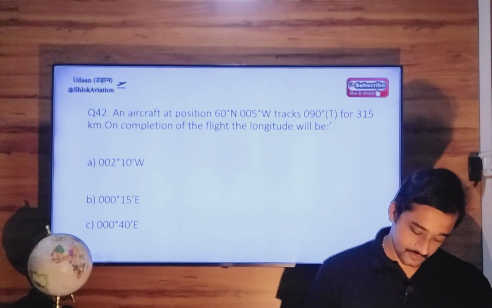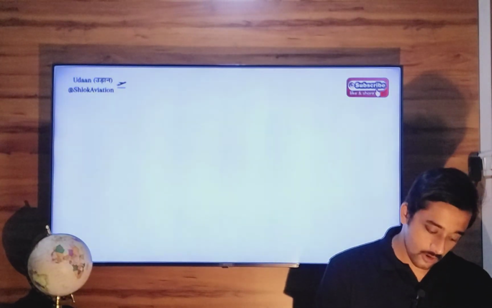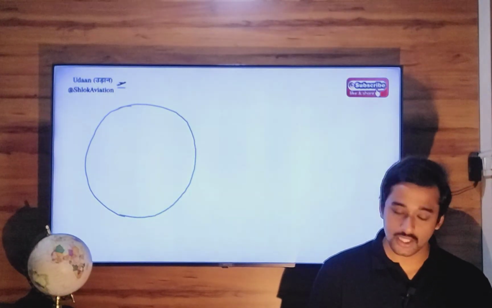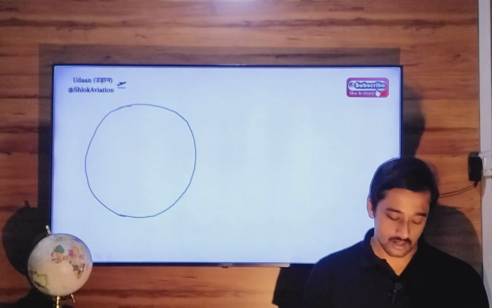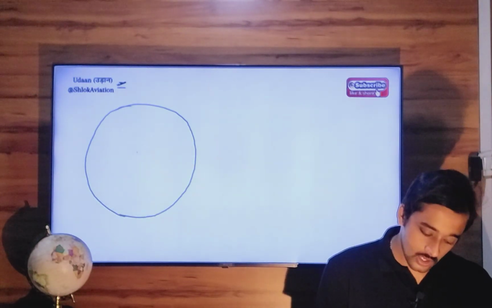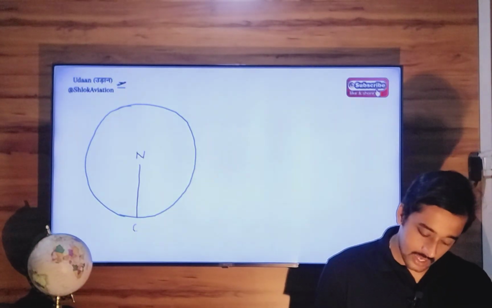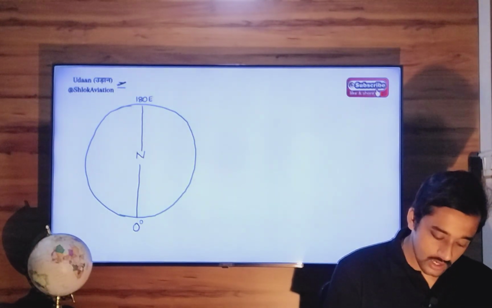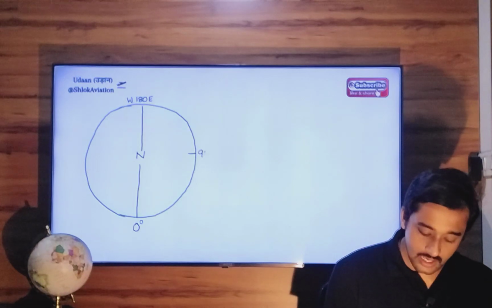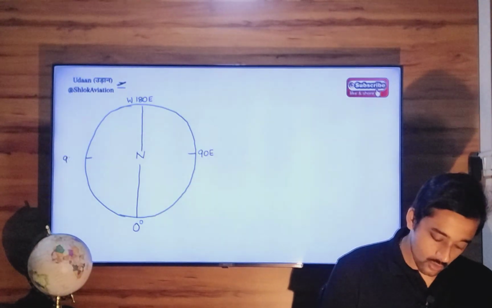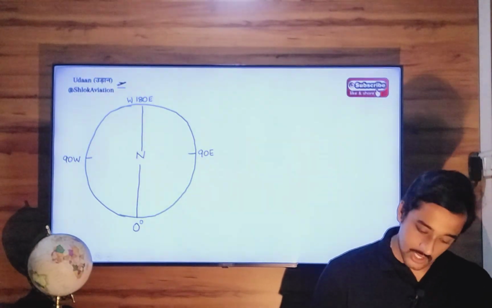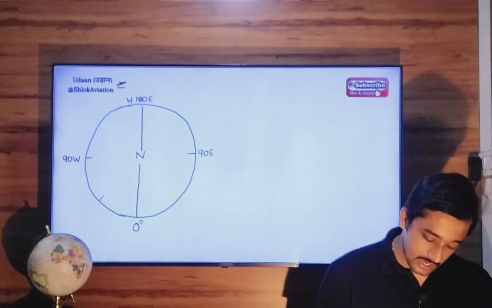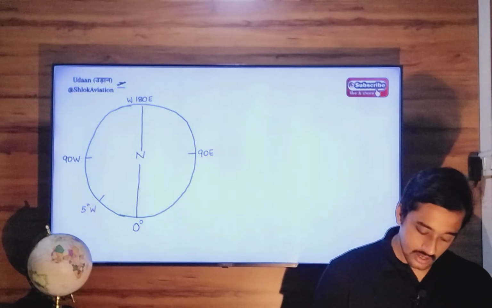For rhumb line questions, you can draw this picture of the Earth from the top of the North Pole: prime meridian, 180 east and west anti-meridian, 90 east longitude, 90 west longitude. Initial location 60 north, 5 degrees west. So this is your 5 degree west longitude and you are flying easterly.